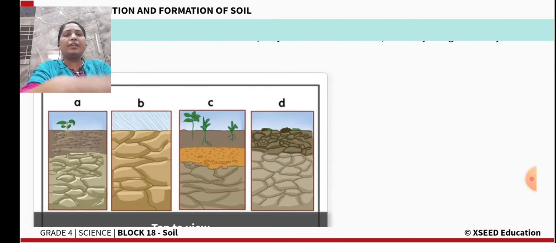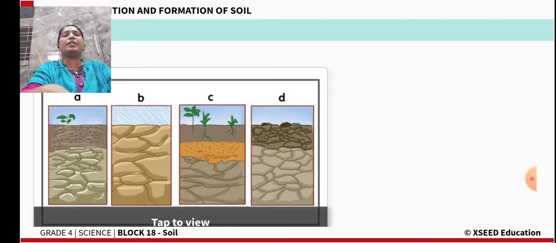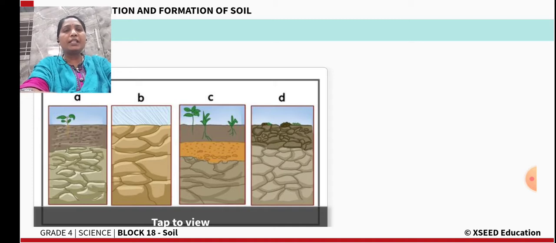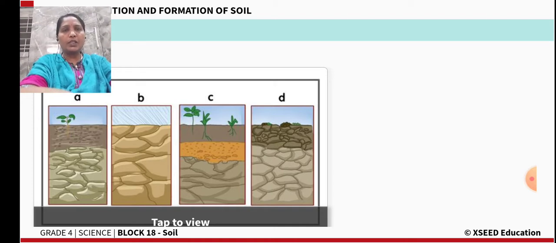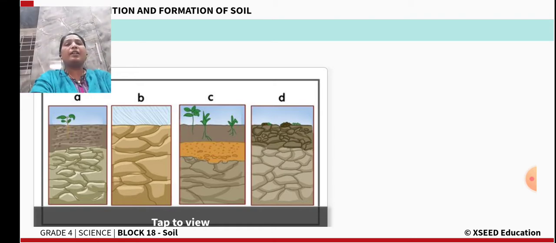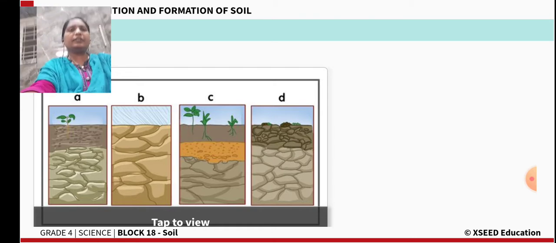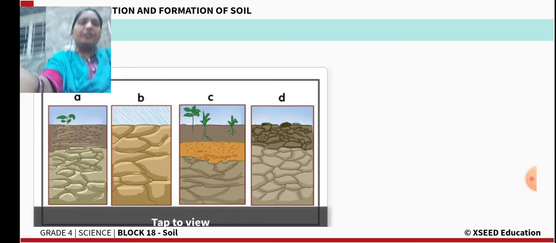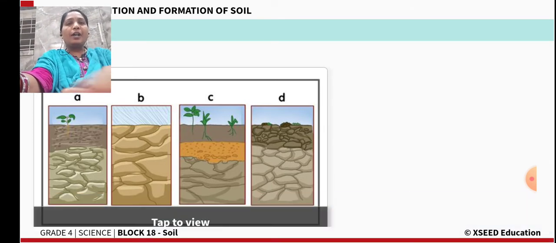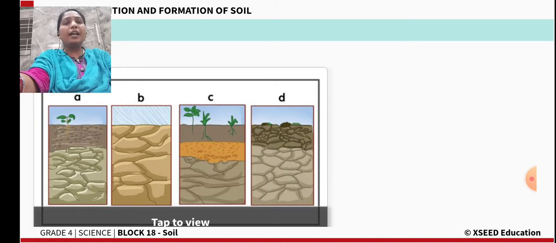Here are the different layers in these pictures. You can see how the soil formation takes place from the rocks. But these pictures are not in the correct order. So after understanding the content, you are able to arrange these pictures in order.